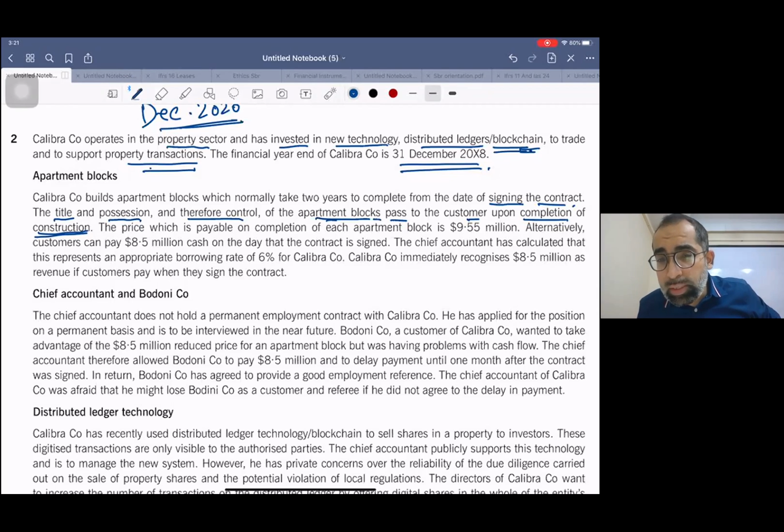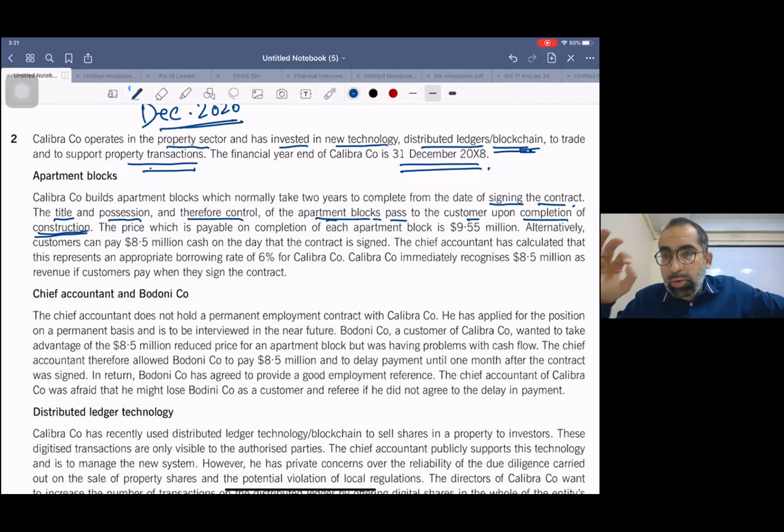And one more case you studied in your normal studies. Sometimes we receive cash from customers now, and we deliver goods or services after 2 or 3 years.